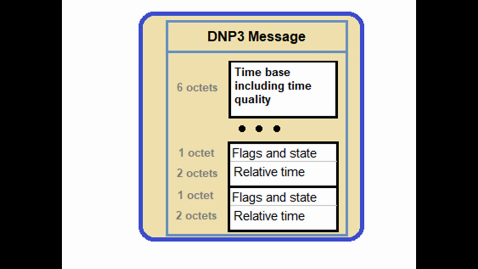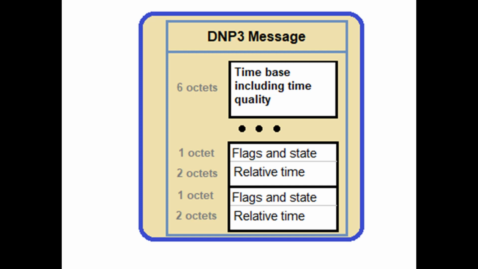However, this time object has the additional capability of stating that the time is synchronized or not. An unsynchronized time may or may not be reasonably accurate, but its accuracy within system requirements is questionable. Actual system accuracy requirements are defined by the utility and not by DNP3.